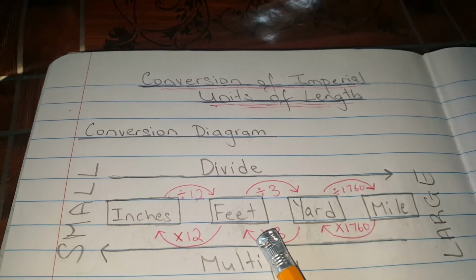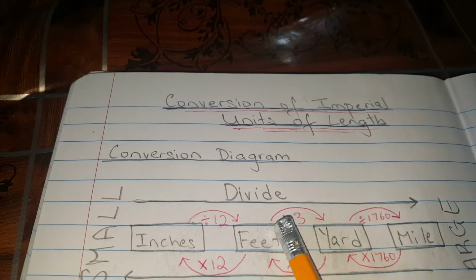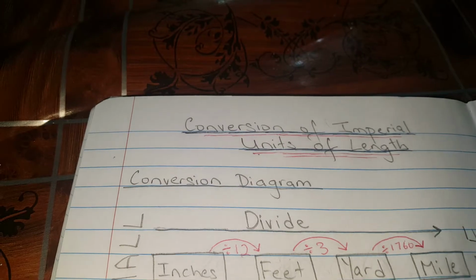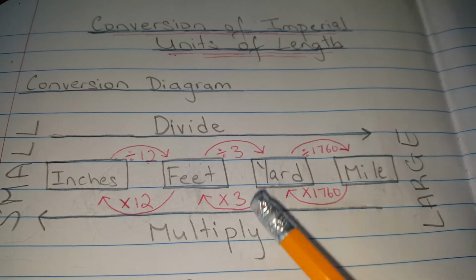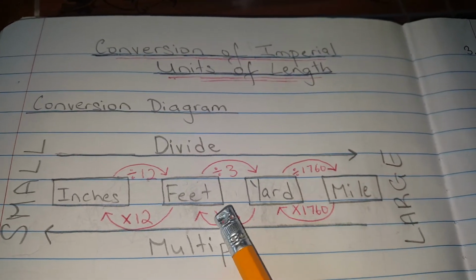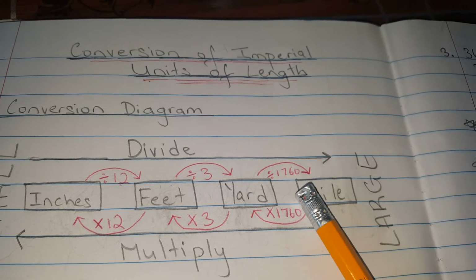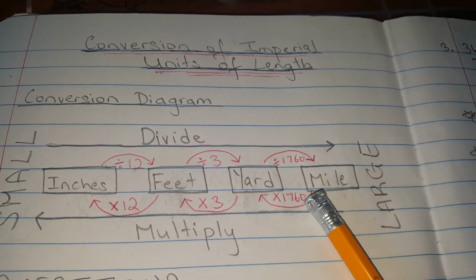The 3 can only be used when you're converting between feet and yard. That is the only time that number can be used when converting. That's the conversion factor that is limited to those two units. And 1,760, just the same, can only occur between yard and miles.